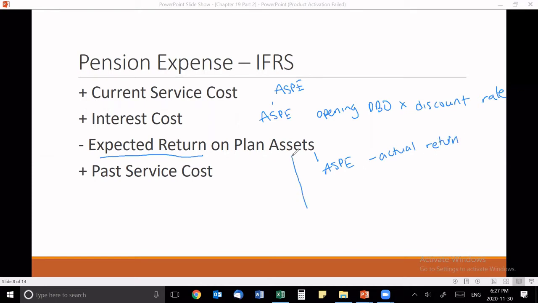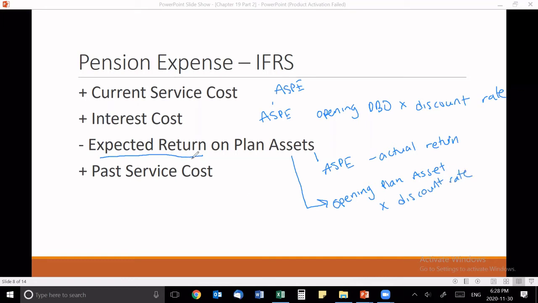In order to get the expected return, if it's not given to you in the question, you're going to take your opening balance of your plan assets and multiply it by the discount rate. Okay? Similar to how you get your interest cost.